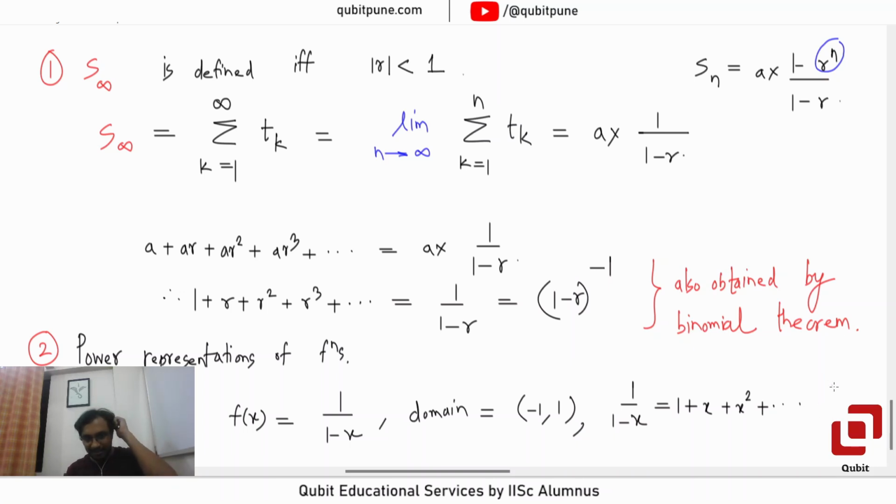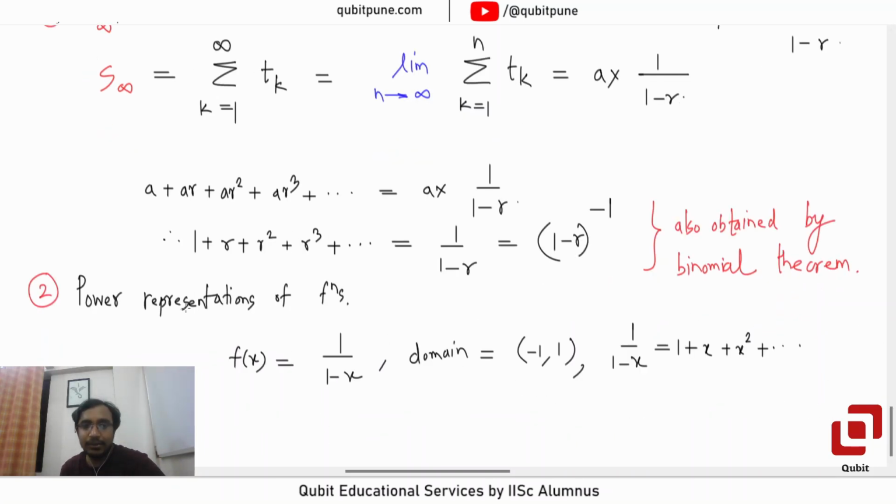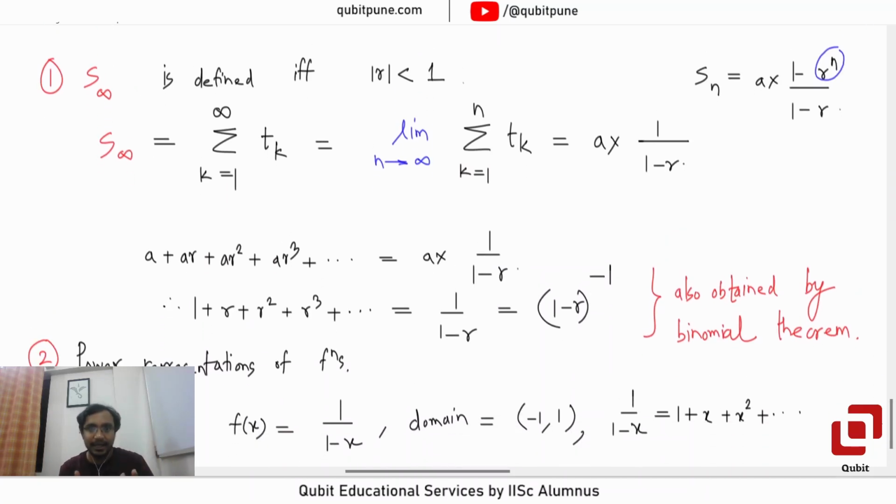You will study this later also, and I will tell you some examples of power representations, but you now have got a hint that just knowing the power series representation of a function is not sufficient. Additionally, we should know for what values of x the power series representation looks meaningful. Because if we take, let us say, the number as 2, the left side is going to give us -1, but what about the right side? It's going to give us an ever increasing number. Now that doesn't make sense. So this part is important.